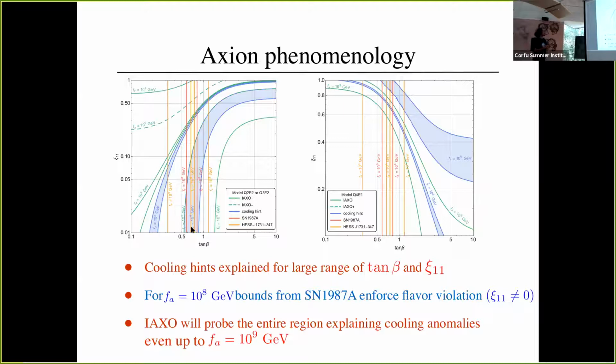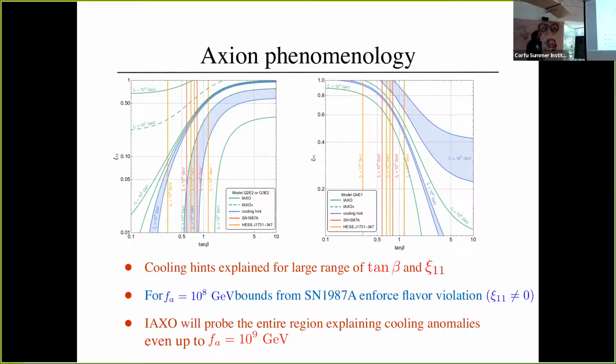Yes, so the part of parameters with the explained cooling region is this one between the blue curves. For F_a of 10 to 9, for 10 to 8, it's here. What's important at this point is that in contrast to standard DFSZ models, cooling hints can be explained for a large range of tan beta, so there is no problem with perturbativity, and also a large range of psi11.